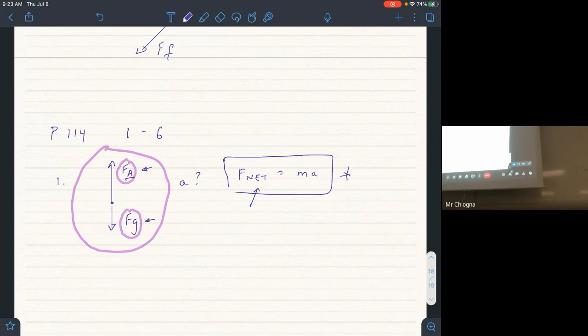And this is just absolute values. I always write the larger force first. I don't care whether it's up or down. I'm using this equation and calculating the absolute value. So the rule is write down the larger force first and then subtract from it the smaller one.